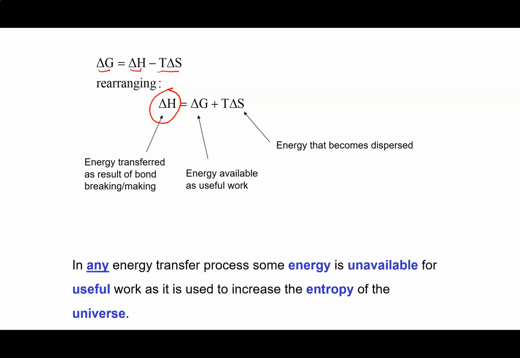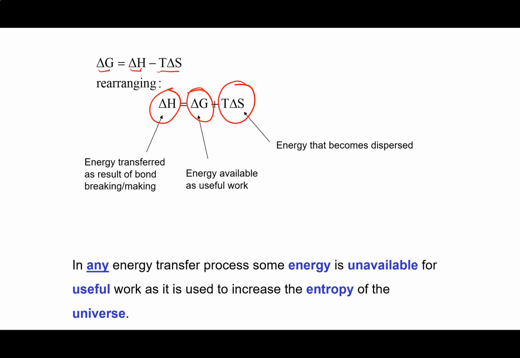It's like the total energy released or absorbed in your chemical or physical process. As we mentioned, delta G indicates the energy that's available for useful work. So what's this term, T delta S? Well, that's the energy that becomes dispersed during the transfer process.